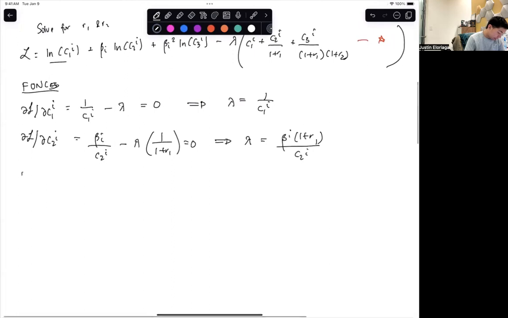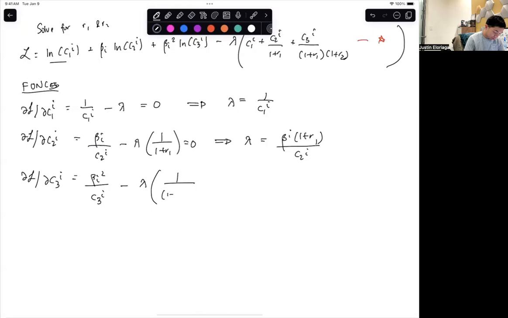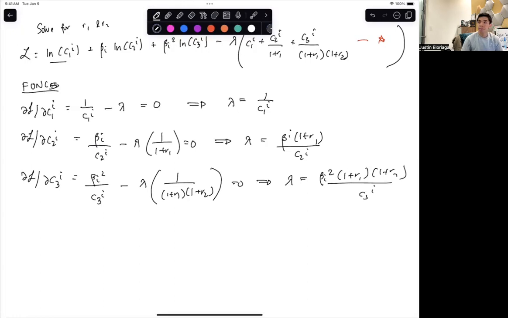Lastly, for C3i, we get beta i squared divided by C3i minus lambda times 1 over (1 plus R1)(1 plus R2) equal to 0, which implies that lambda is equal to beta i squared (1 plus R1)(1 plus R2) divided by C3i. So that's what we have so far.